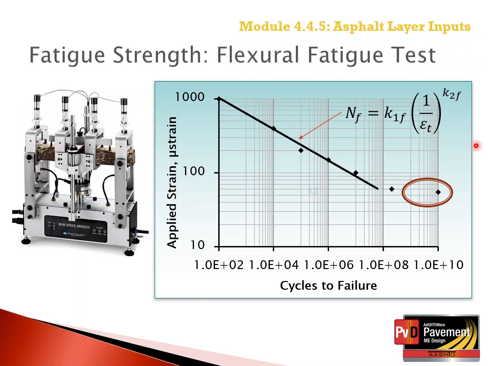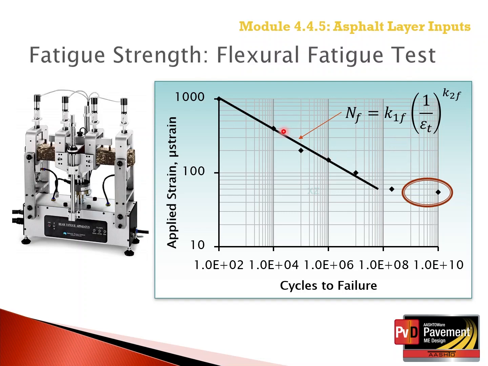The slope, or the K2 parameter, and the intercept are derived from regression analysis between tensile strain and cycles to failure.